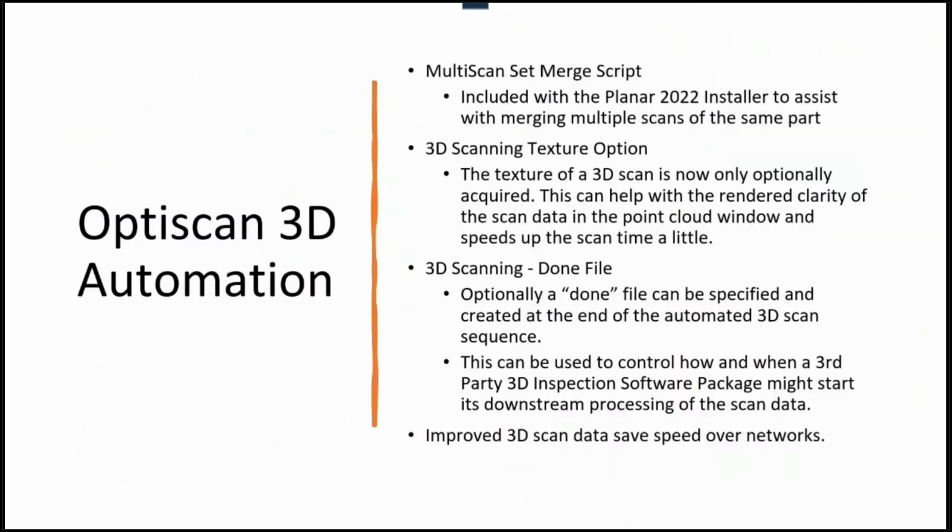And last but not least, we have the OptiScan 3D automation. So this is for those of you that have, again, the full 3D OptiScan table. And in the new 2022 software, they did a lot of improvements to try and make life easier for you 3D users. First thing they did is they created a script inside Control-X, kind of a script that works with Control-X, to do a multi-scan set merge.